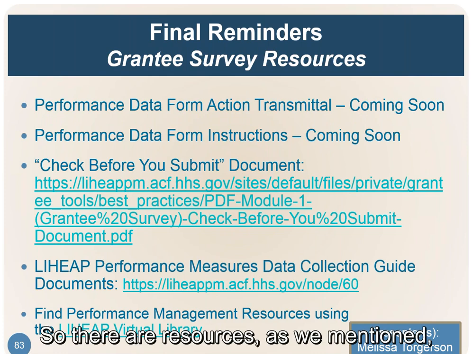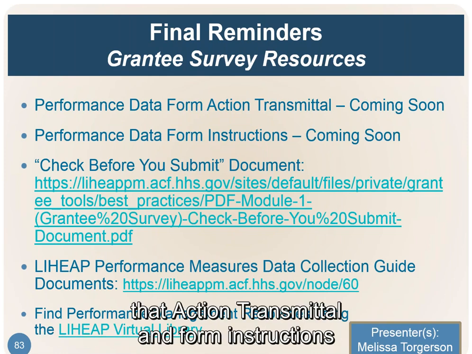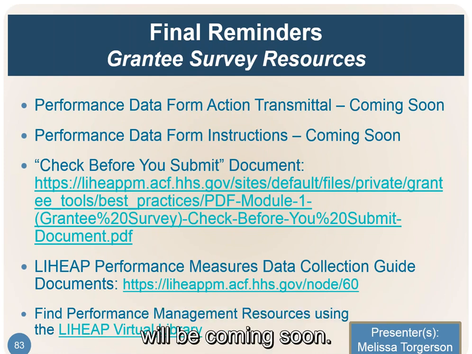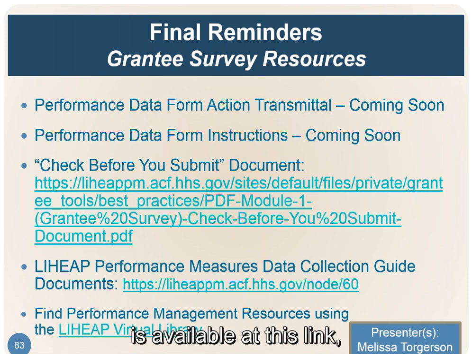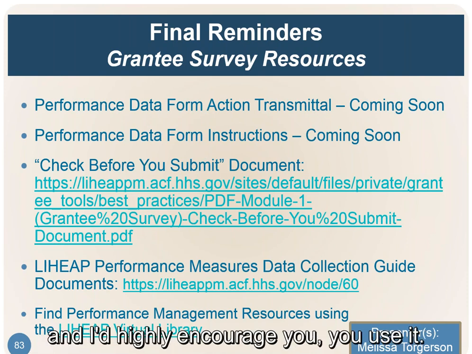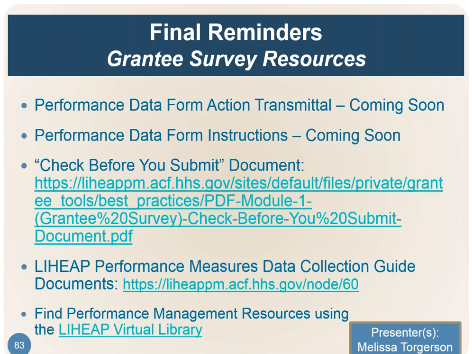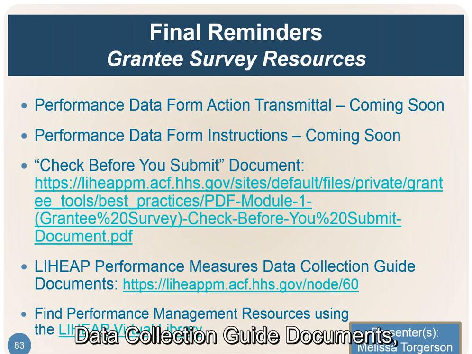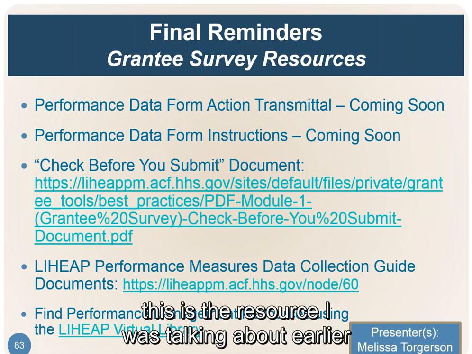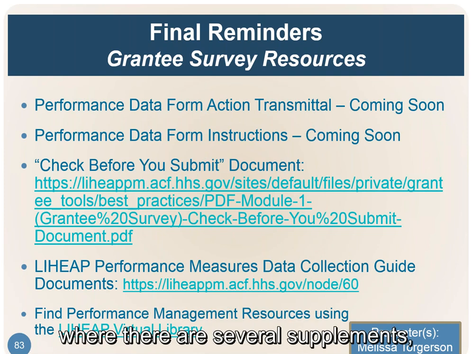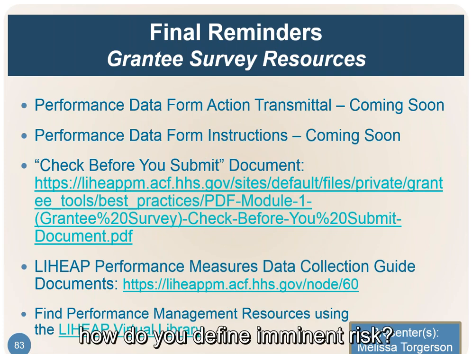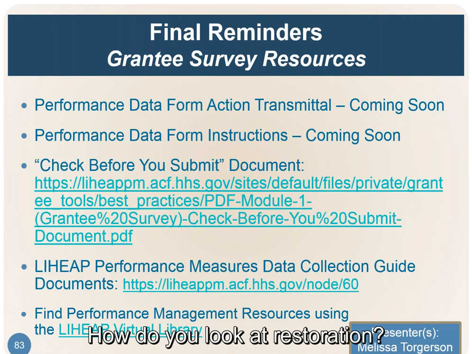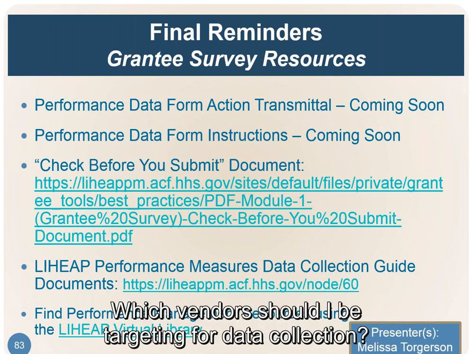So there are resources. As we mentioned, the action transmittal and form instructions will be coming soon. The check before you submit document is available at this link, and I'd highly encourage you to use it. The LIHEAP Performance Measures Data Collection Guide documents are the resource I was talking about earlier, where there are several supplements, including things like how do you define imminent risk, how do you look at restoration, which vendors should I be targeting for data collection.